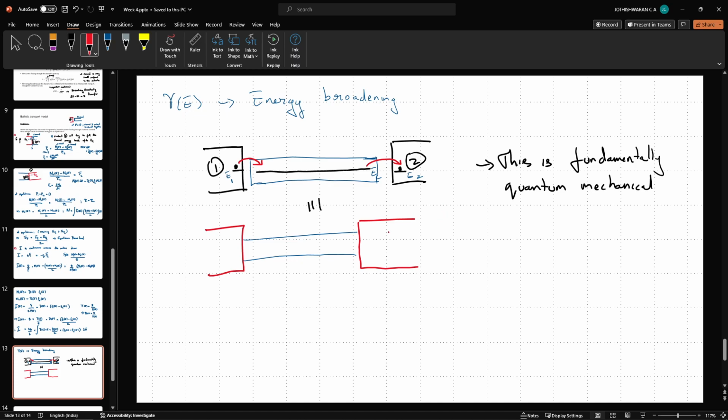However, we can assume this to be an equivalent classical process where I have an electron that moves ballistically through the channel. Ballistic means it is just moving on its momentum. No external driving force is present and it is just taking a trajectory with whatever initial impact was given to it. So now I can assume this as a continuous transport. So this is ballistic transport with one important assumption. Remember, some energy is lost from here to here and some energy is lost from here to here.